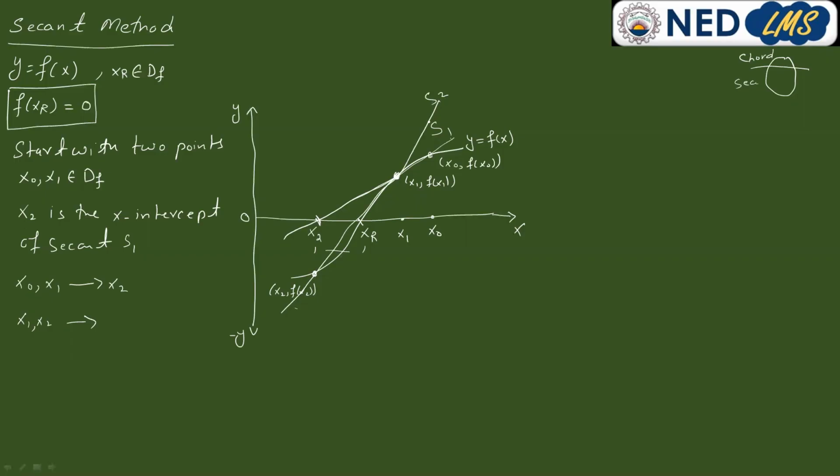Let's call it S2, because the line has to touch the 2 points. This line is cutting at this point x2 and this point x1, and I can see that this line also has an intercept, and let's call it x3. So I used x1, x2 to get x3, which is the x-intercept of S2, that is secant number 2.